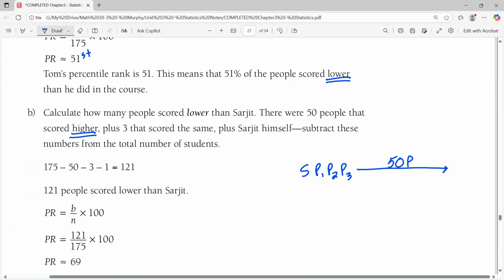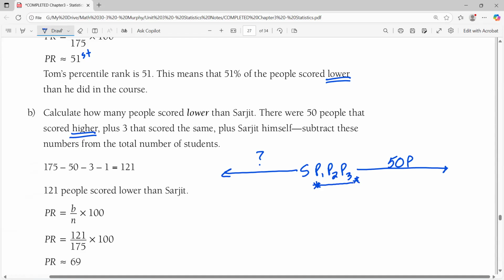Okay. The question is, how many are below? So if there's 175 in total, we need to subtract the 50 here to get what's remaining from P3 down. So that's this part. Then once we get to here, take that number and subtract 3 to get down to here.